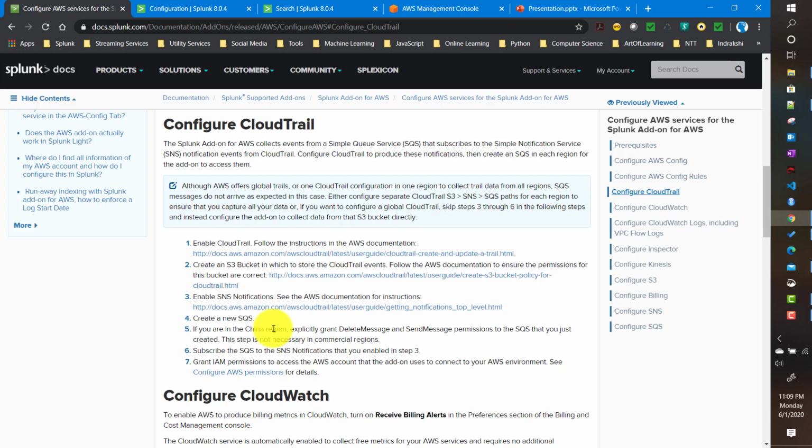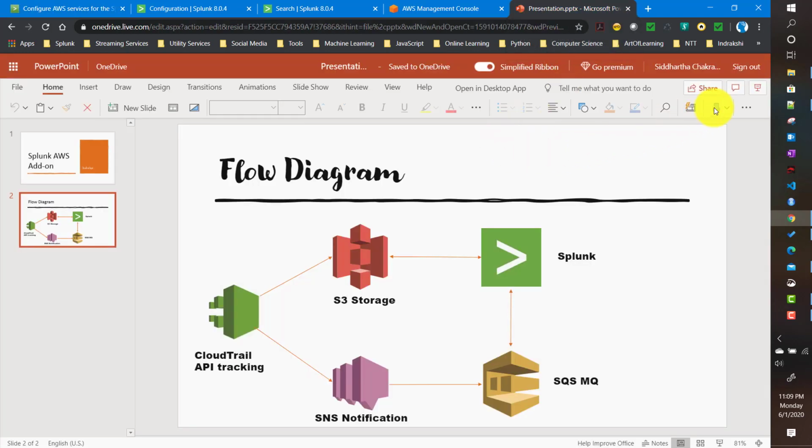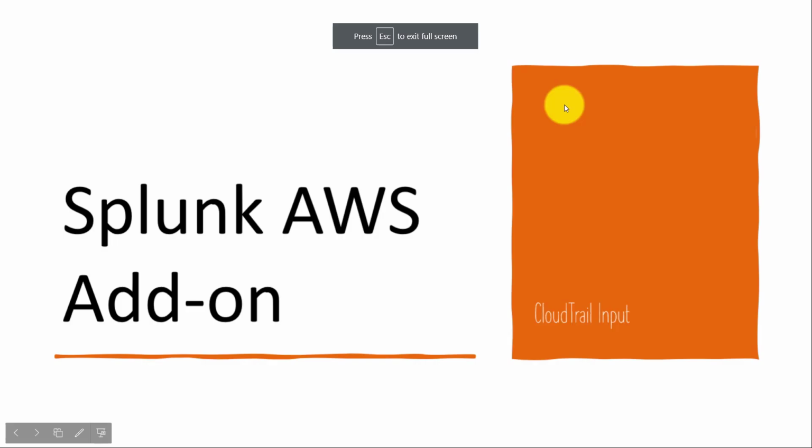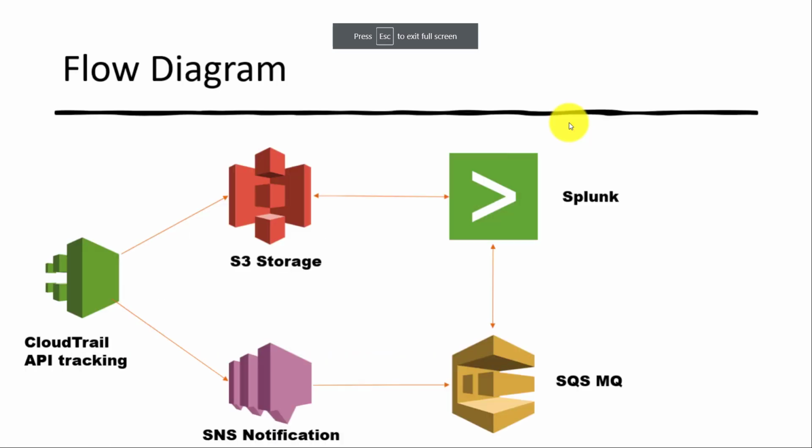Before that, let us understand how this whole flow works, how Splunk ingests the data from AWS. For that I created a presentation, so let me run that. If we understand this flow diagram, it will be much easier to configure.